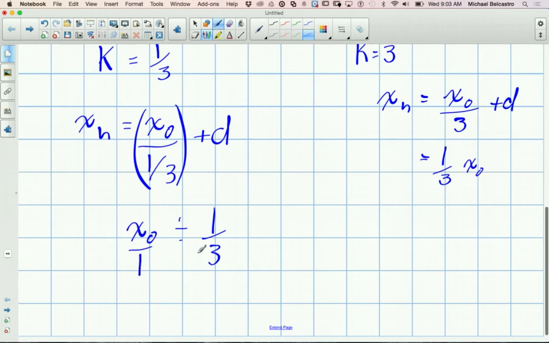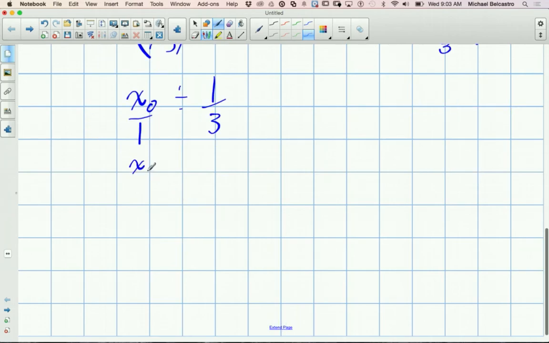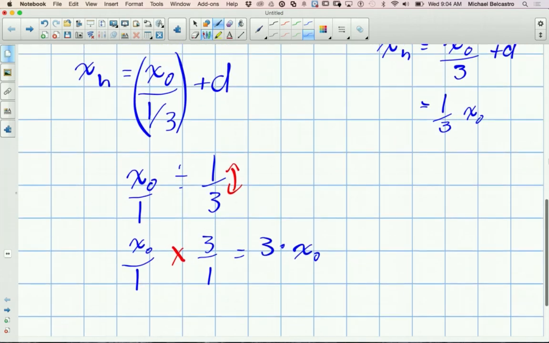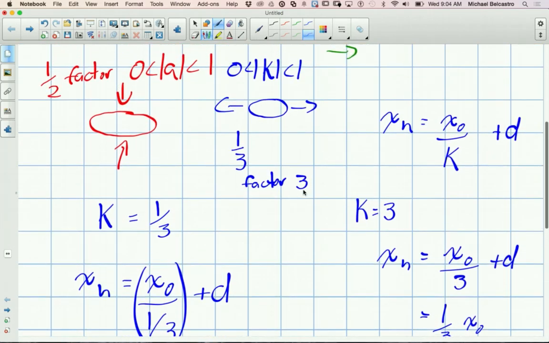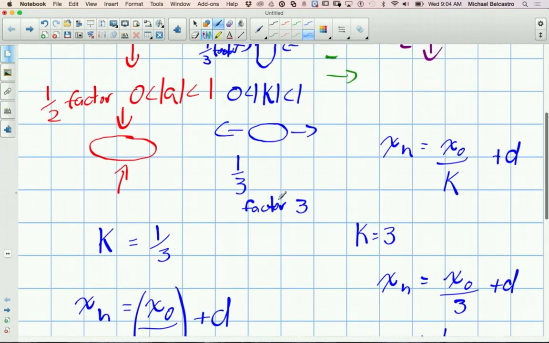Put it over 1. Great. And to divide these fractions, we multiply by the reciprocal, so we flip this: 3 over 1. And we get 3 times the old x value, which is the idea of horizontally stretching it by a factor of 3. So that's why we get those opposite ideas.